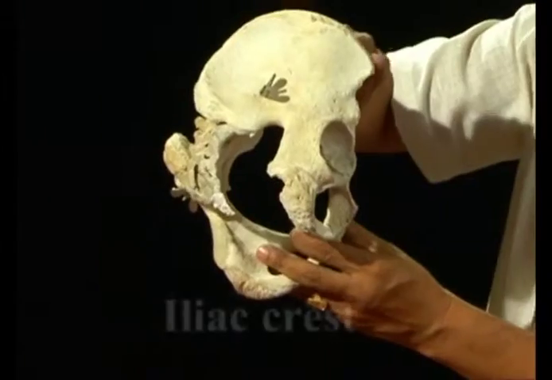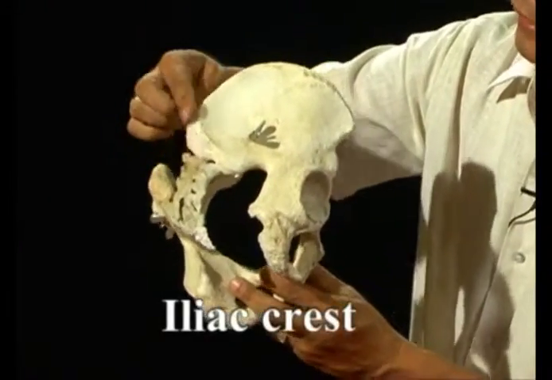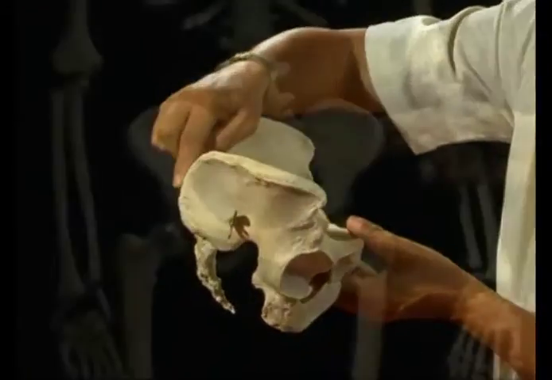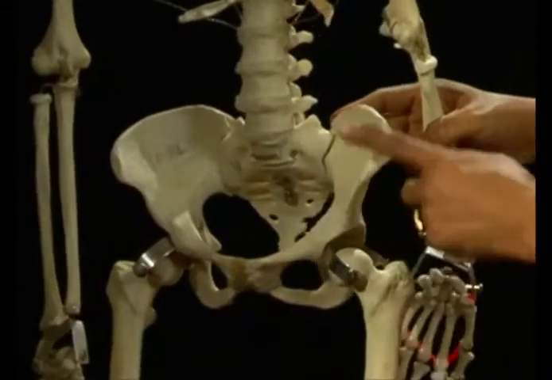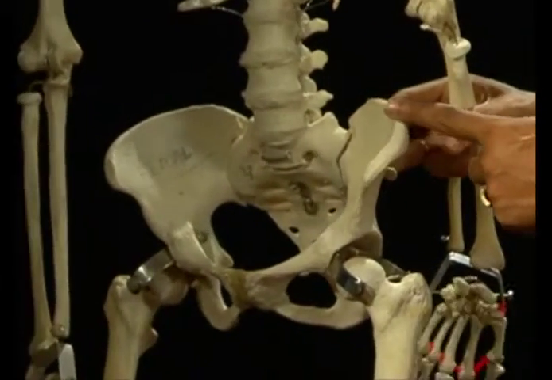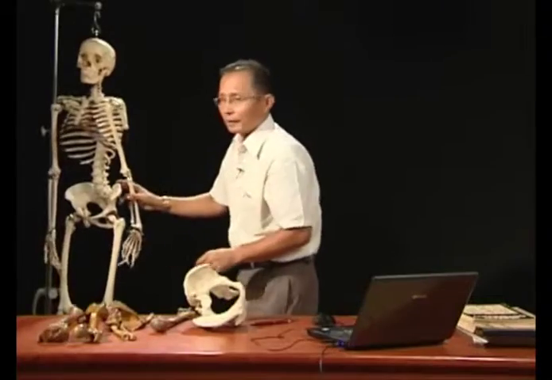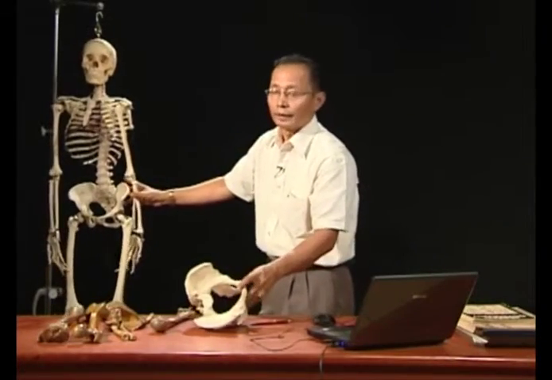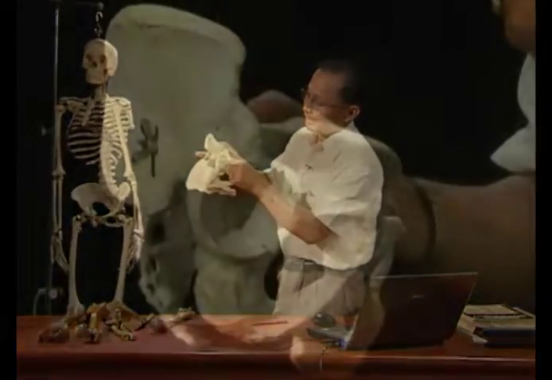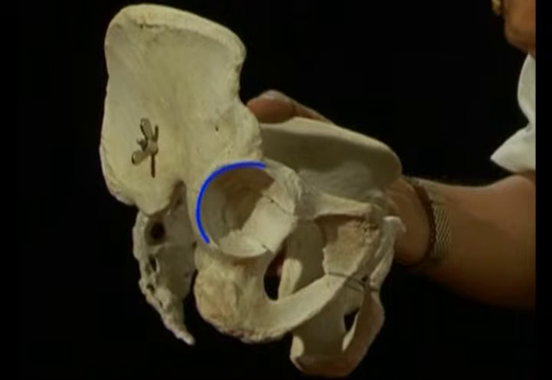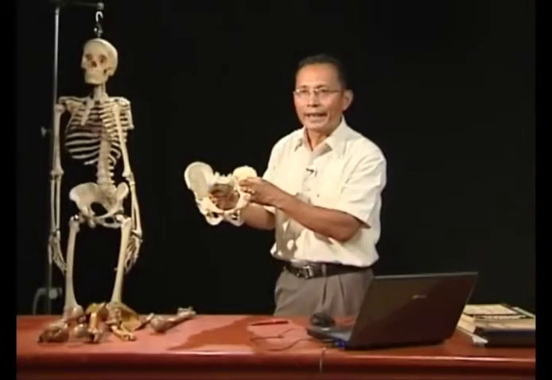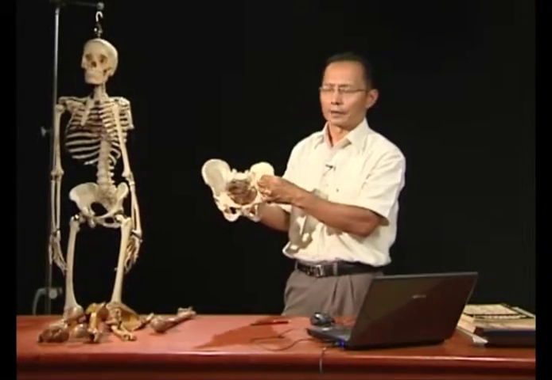One is the iliac crest. This is called the iliac crest, here on the skeleton. This is one end, and the other end is here, formed by 2/5 of the acetabulum.